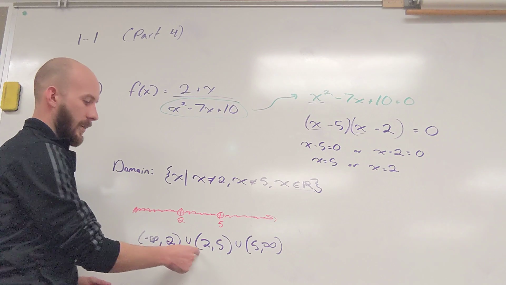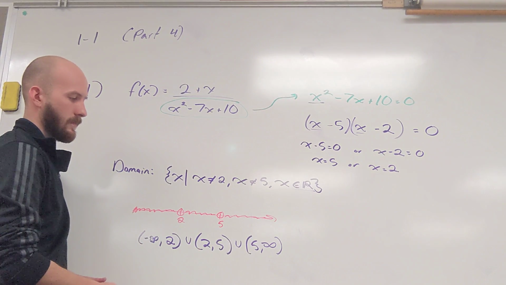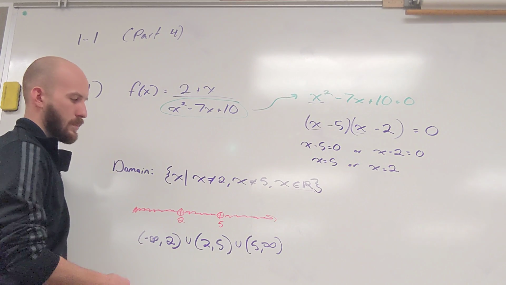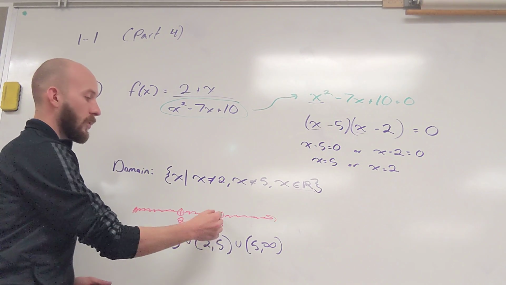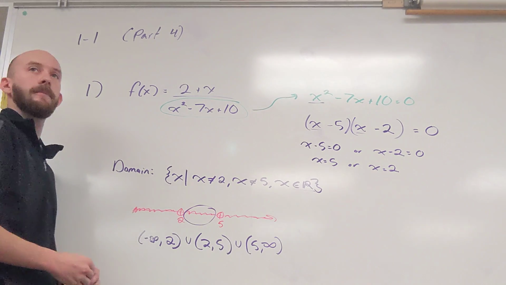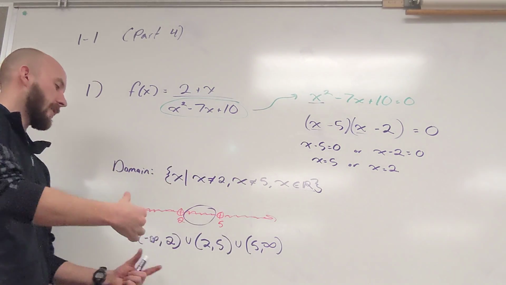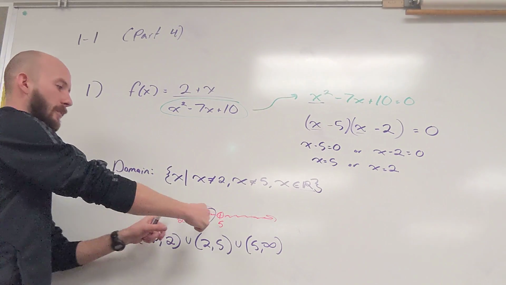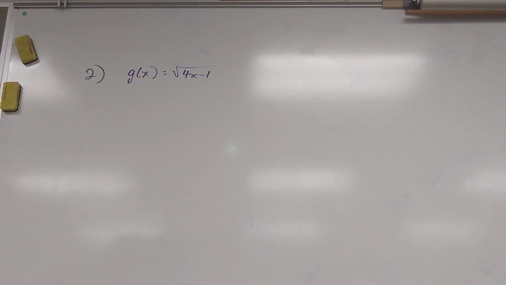Yeah, but I have to include all of the stuff between 2 and 5 too, so that's why this works. I've got three intervals there, and the interval notation describes the endpoints of the interval. That makes sense.